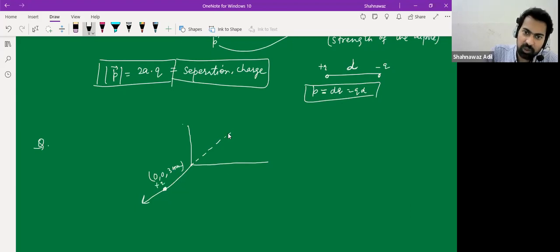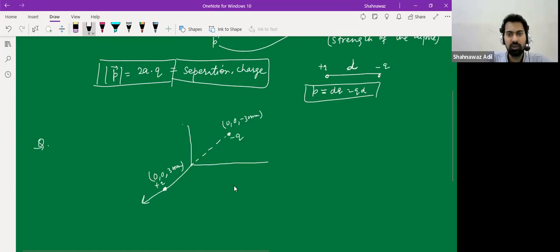And minus q is placed on the minus z-axis at 0, 0, minus 3 millimeters.